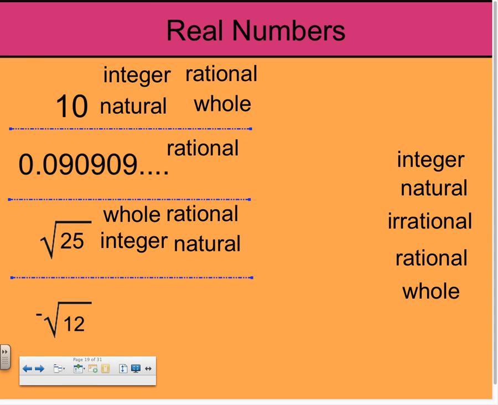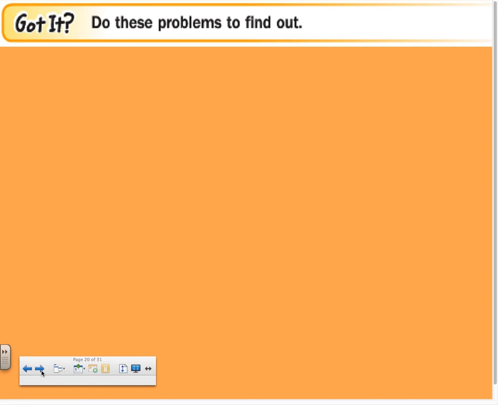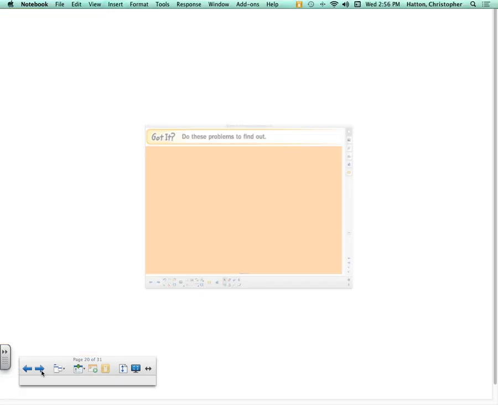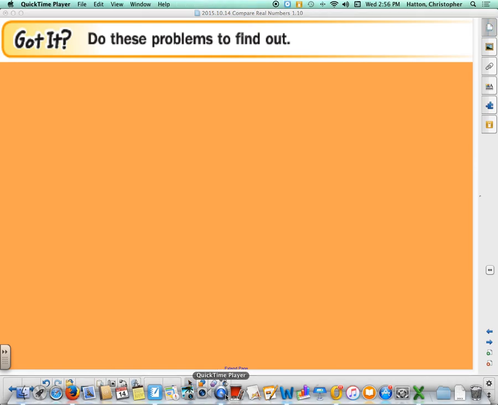So we have a number on your calculator that does not repeat, and it does not terminate. Therefore, it is irrational. Good job, Anthony. So I want you to try the Got It's on that page and see if you are experts at categorizing these different types of numbers.